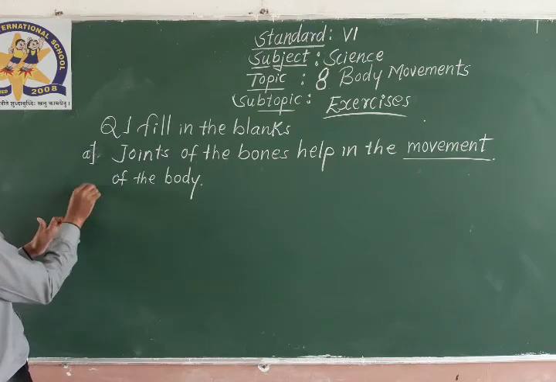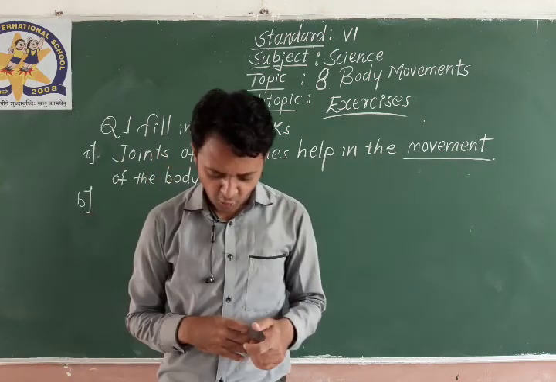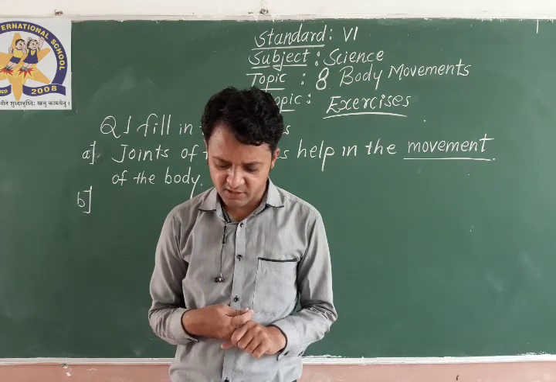Number B. A combination of bones and cartilage forms the dash of the body.